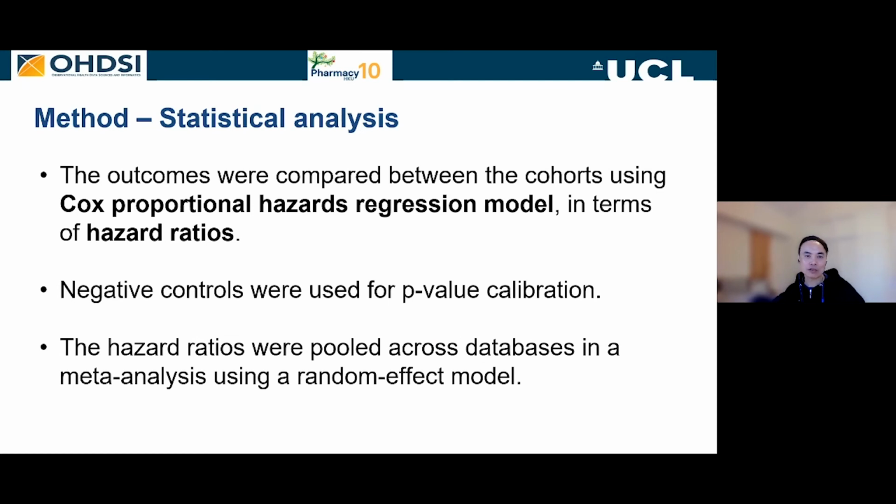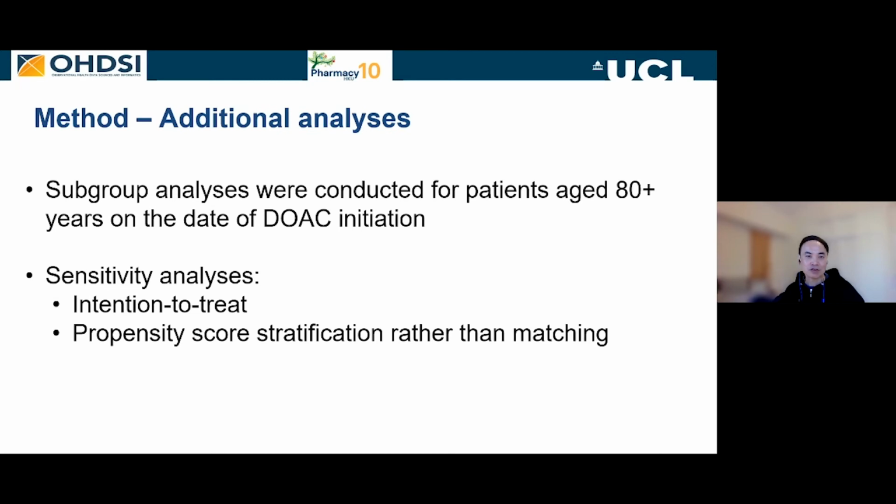We use the Cox proportional hazards regression model to estimate hazard ratios. We use negative controls for p-value calibration, and the hazard ratios are pooled across the databases in a meta-analysis using the random effects model. Subgroup analysis was also conducted, looking specifically at age over 80.